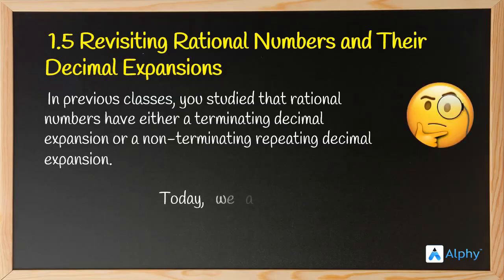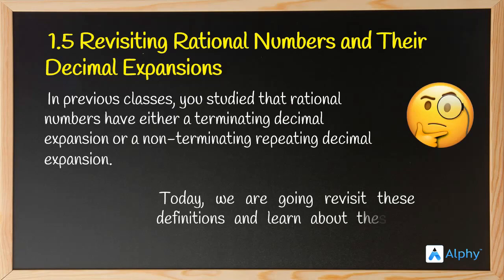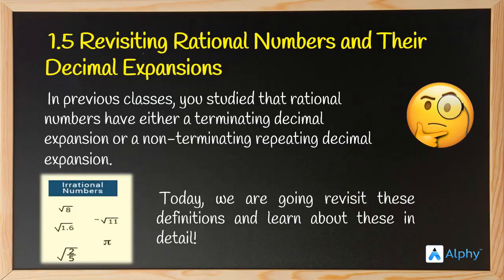So today we are going to revisit these definitions and learn about these in detail. We are going to see what this actually means. We are going to take a look at some examples also, so that you're able to clarify all your doubts regarding these definitions. So let's take a look at some definitions.